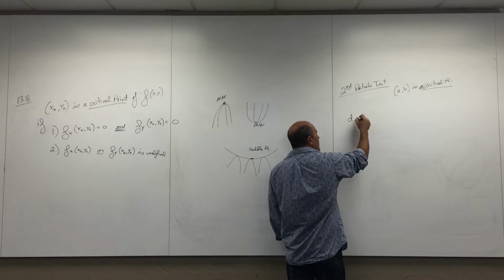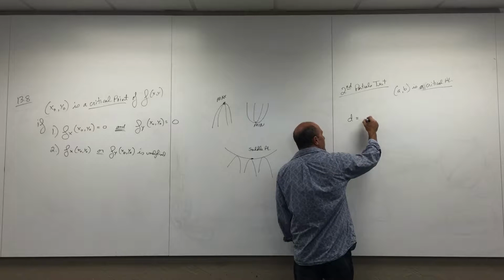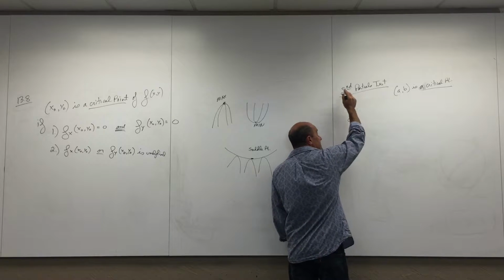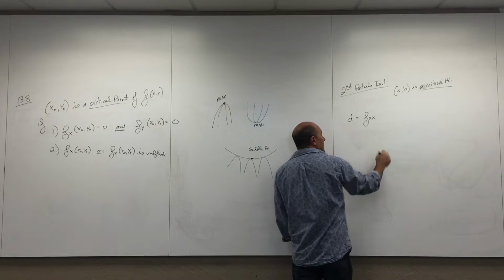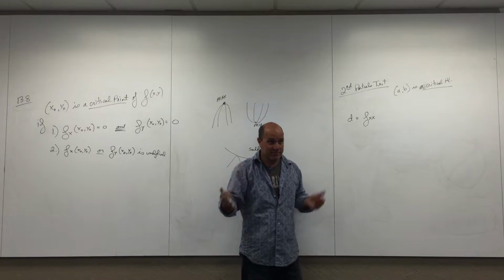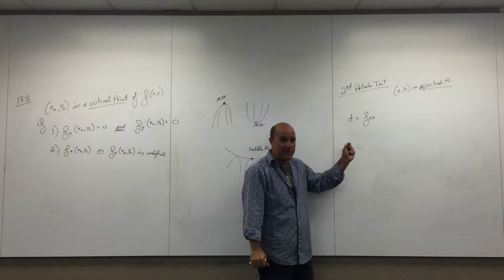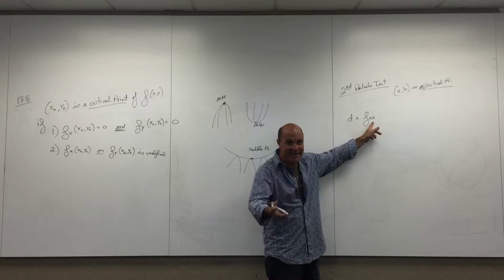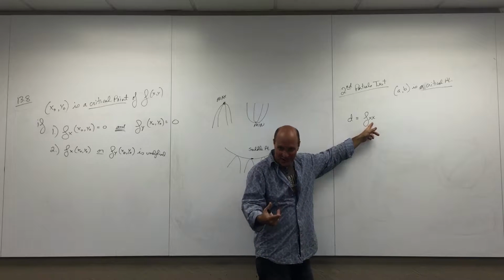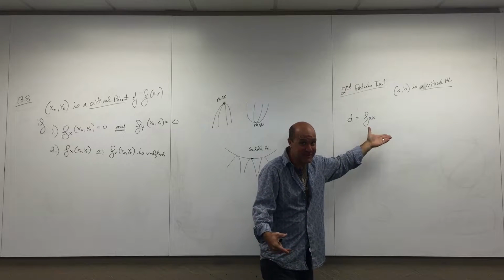Check this out. The number D uses the second partials. So it's fxx, the second derivative with respect to x again. You do the derivative once with respect to x, then the second derivative with respect to x.